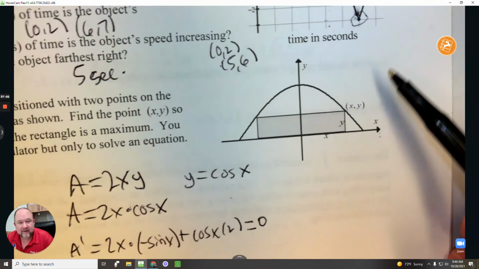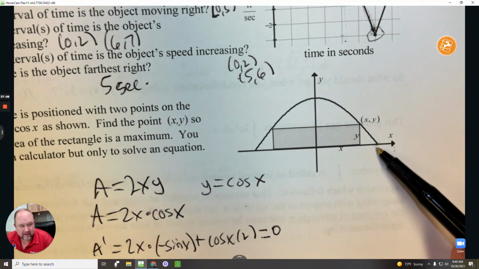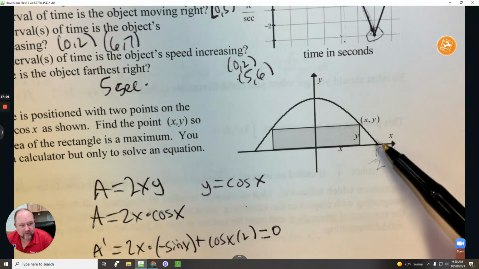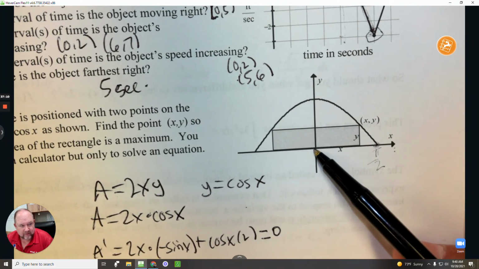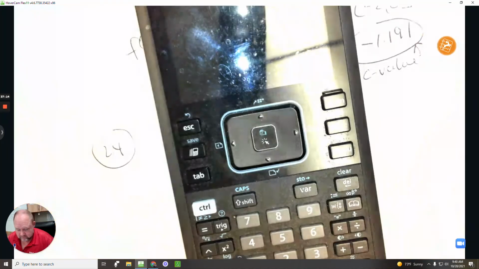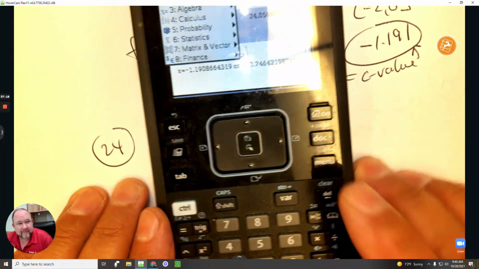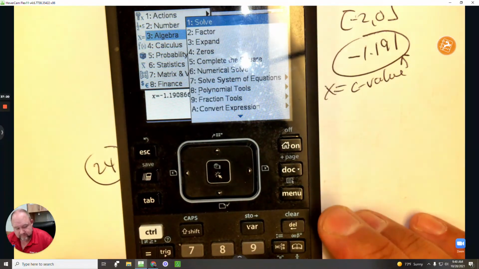If this is cosine x, right here is pi over 2. That's when cosine is 0. So I'm looking from 0 to pi over 2. So let's type this in. I'm going to go menu, algebra, and solve.